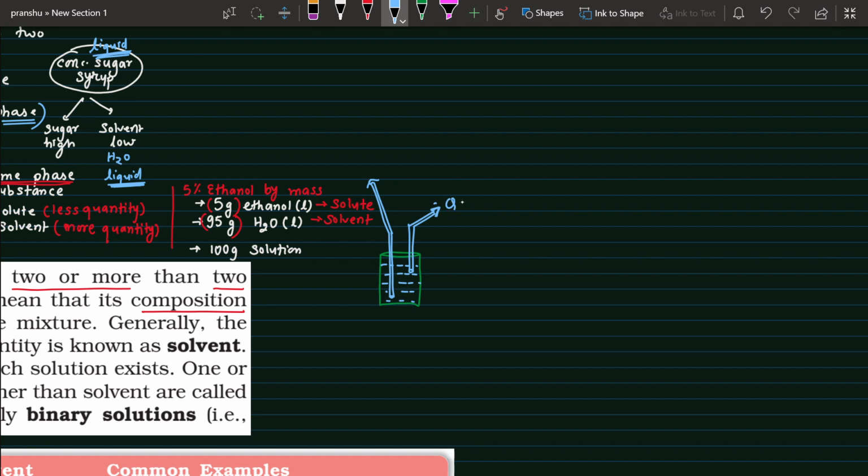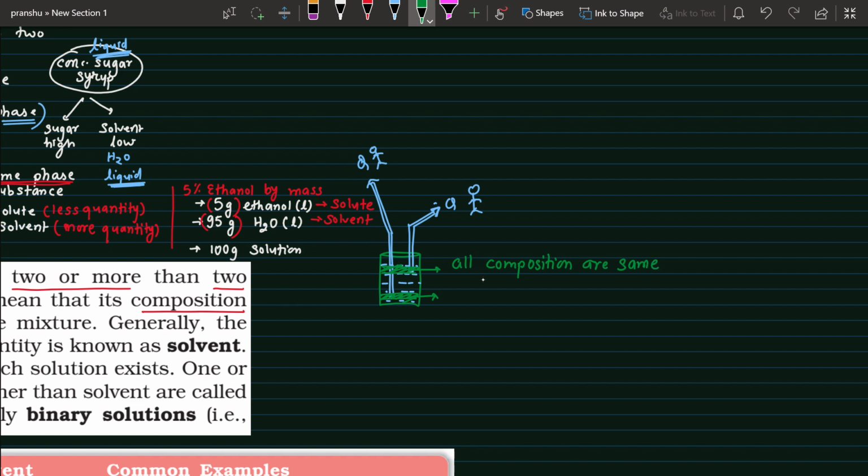So the quality, the taste, the composition, the concentration achieved by the first person and by the second person are the same. We cannot say that the upper layer has a different concentration and the lower layer has a different concentration. If this happens, then it is heterogeneous. This and this, all compositions are the same.